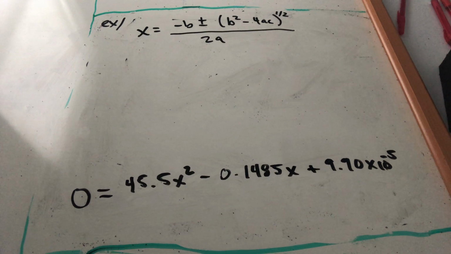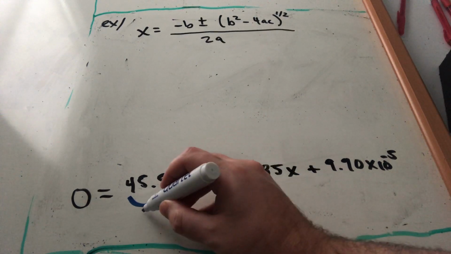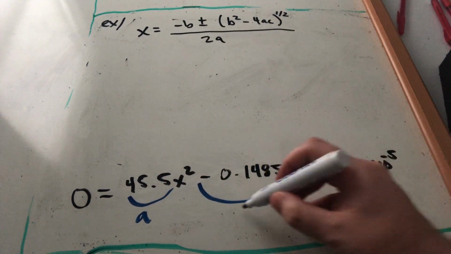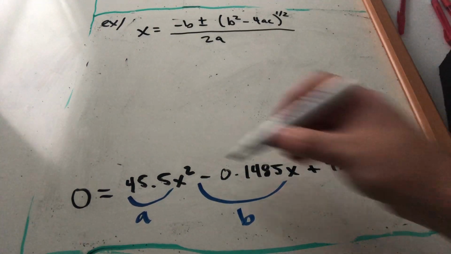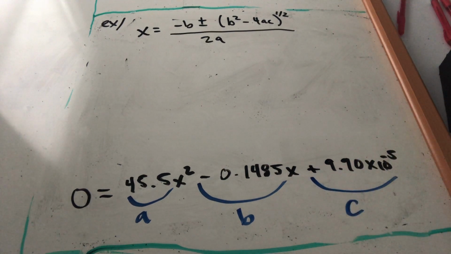So what are a, b, and c? Whatever is in front of the x squared is a. Whatever is in front of the x is b, including the negative, and if there was a negative there, you would include it as well, but just don't lose that. And then whatever is left over that doesn't have an x attached is the c. So this is how you would set it up.